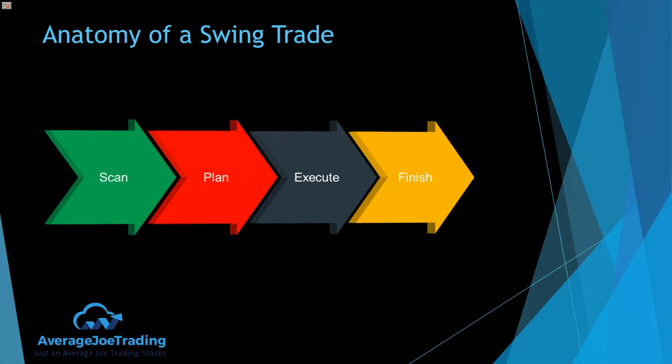Because if you get in the habit of cutting your trade short, you're going to kill your profit potential. And you're never going to get comfortable swing trading. So next week, we're going to learn the first strategy so that you can put it in play.